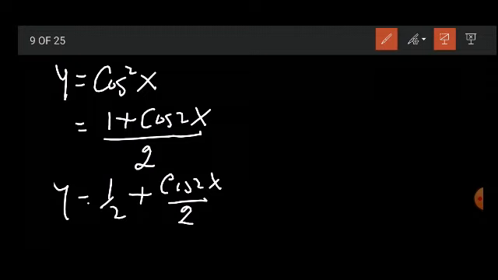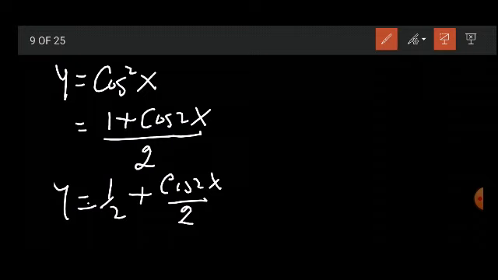So what is our planning here? In this planning, we have to draw the graph of half cos 2x, and then we have to shift this graph half unit. As we have already discussed, y equal to a plus f(x) means f(x) goes above the x-axis by a unit. So here it is half unit above the x-axis.